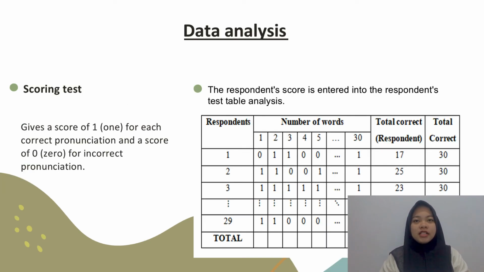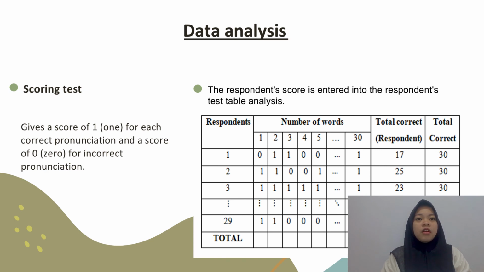Data analysis. After getting the data, I will check whether it is correct or not. After checking, I will give a score: a score of 1 for each correct pronunciation and a score of 0 for incorrect pronunciation.